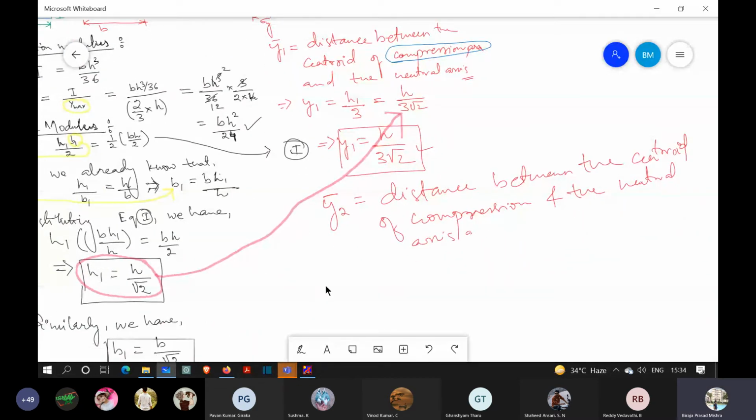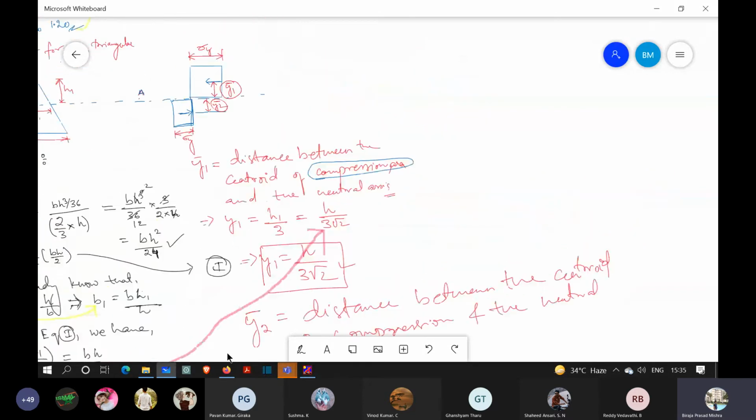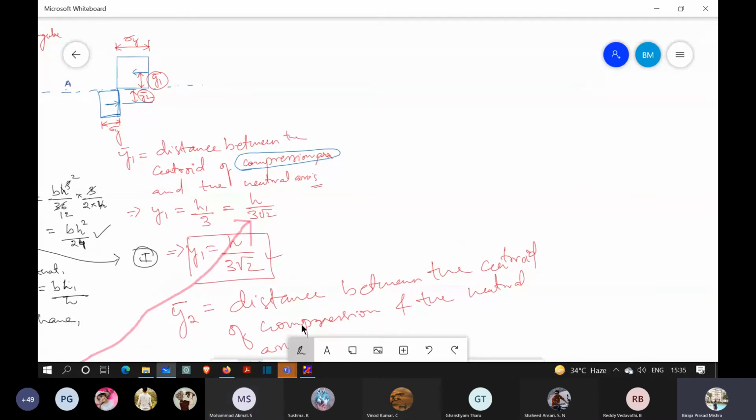Okay, now what will be the y2 value? All of you please pay attention. So I hope you have written this y2. What is y2? So I'm writing it here. y2 bar, whatever you may call.